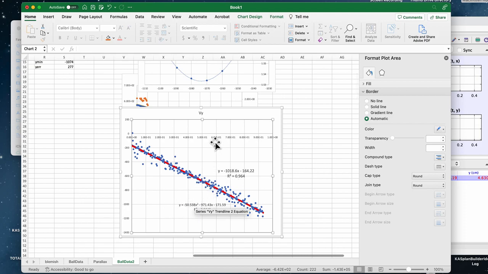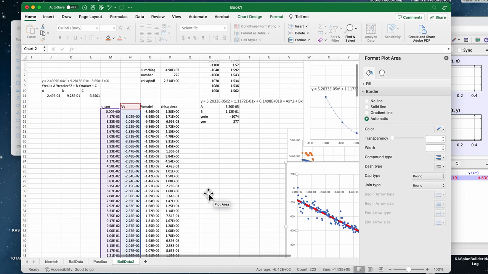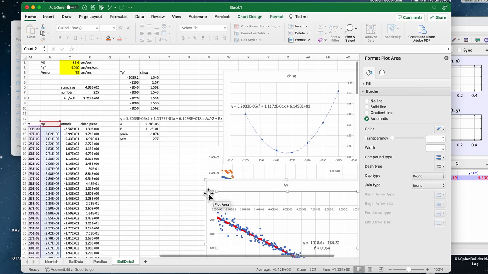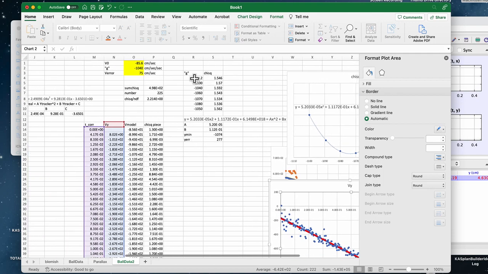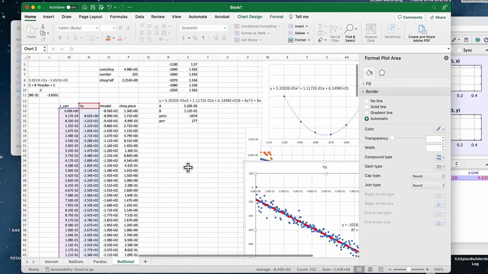And now what we have is a linear fit. You can see that the polynomial sits right on top of the linear function, and we're pretty much set. We would do the same thing to find the best value using the same methodology of looking at different values of G and finding out what the chi-squared was for those different values.